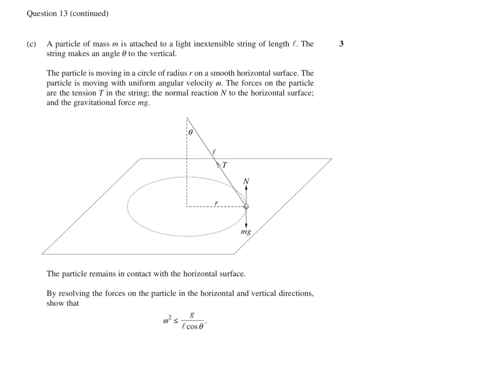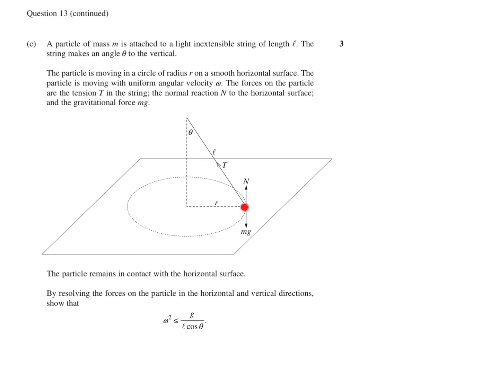Question C. It tells you that there is a particle with mass m which is attached to an inextensible string with length L, and the string makes an angle theta to the vertical. This particle is moving in a circle with a radius r, and it is moving with uniform angular velocity omega on a smooth horizontal surface.